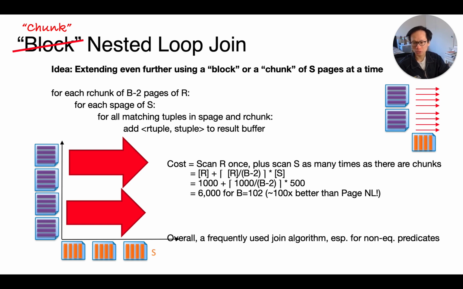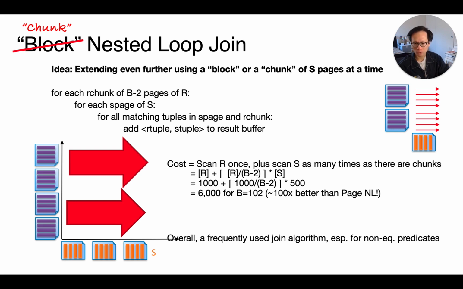If you imagine B is something like 102, which is a modest number, then we get 100 times improvement over what we had done before, for a total of only 6,000 IOs. This is quite a bit better than the billions of IOs we were doing with our simple nested loops join.